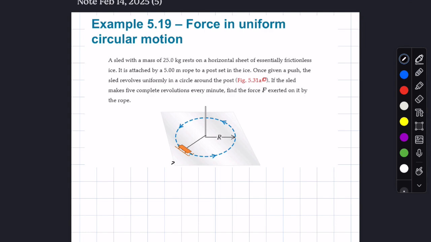It's attached to a rope that's allowing us to keep this sled moving with uniform circular motion. We're told that we give this sled an initial push, and the sled begins to revolve uniformly, making 5 complete revolutions every minute. If that's the case, what's the force exerted on the sled by the rope?